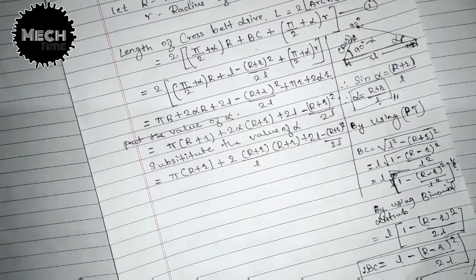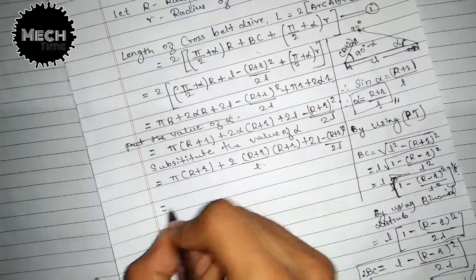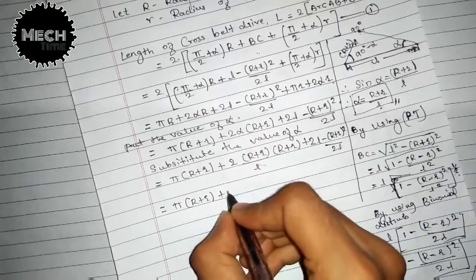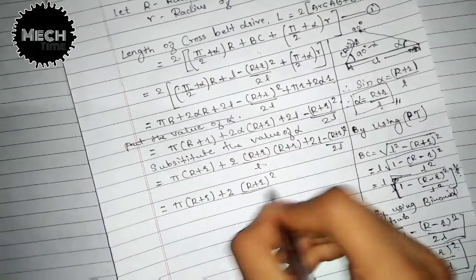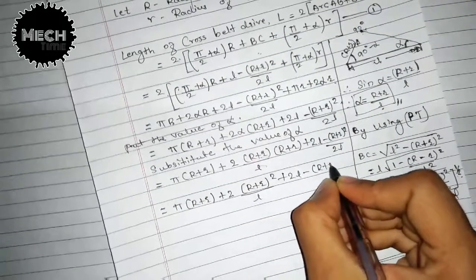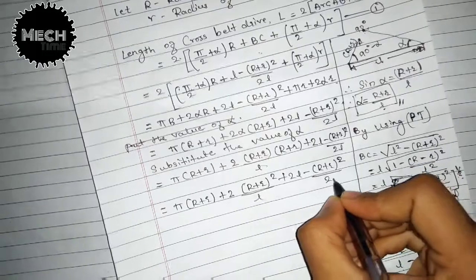Now I can also write this term as pi (capital R plus small r) plus 2 (capital R plus small r) whole square by L plus 2L minus (capital R plus small r) whole square by 2L.